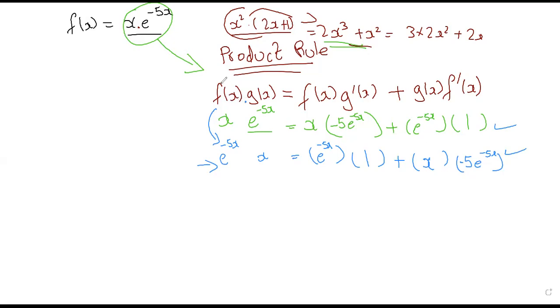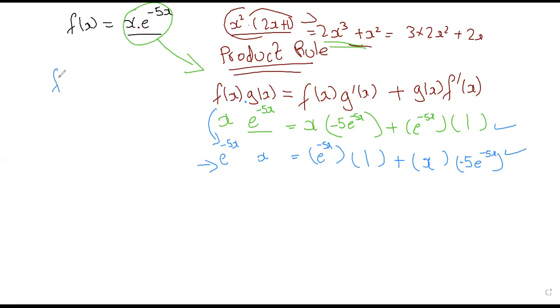So this implies that f of x and g of x are any two functions of x. You have the freedom to decide which function is f of x and which function is g of x. Okay, there's no hard and fast rule. All you need to do is plug in the values. Simply you have two functions of x, you have to find the derivative.